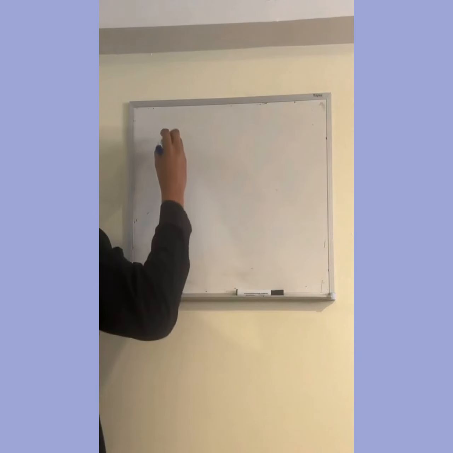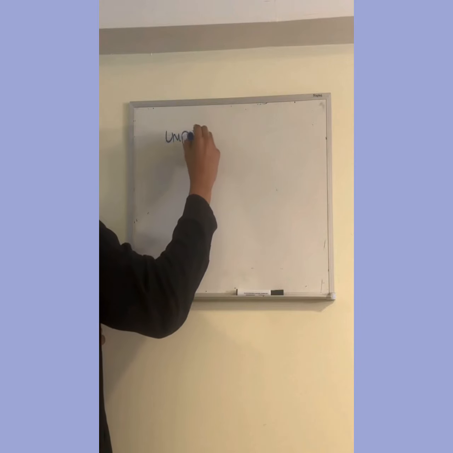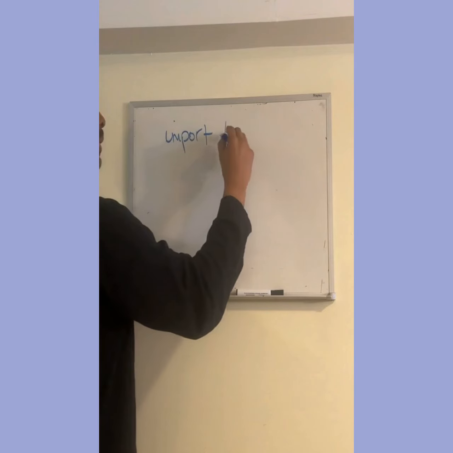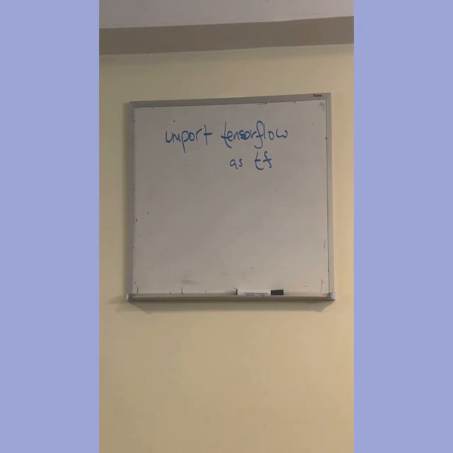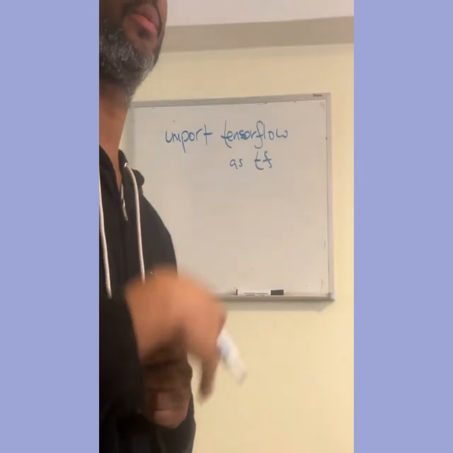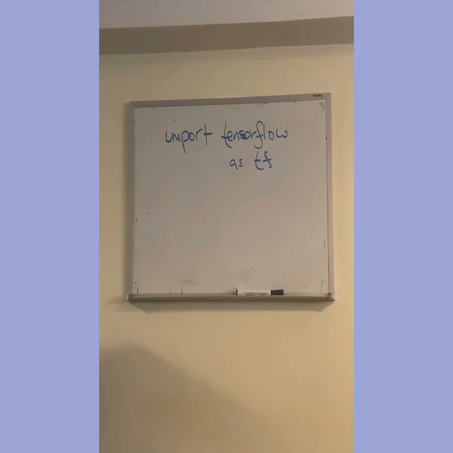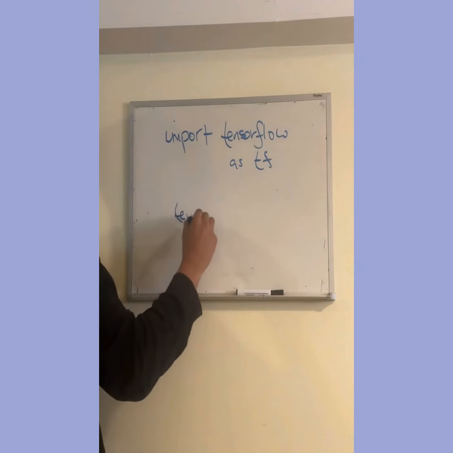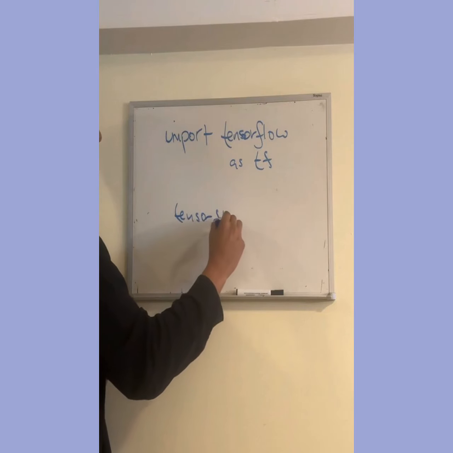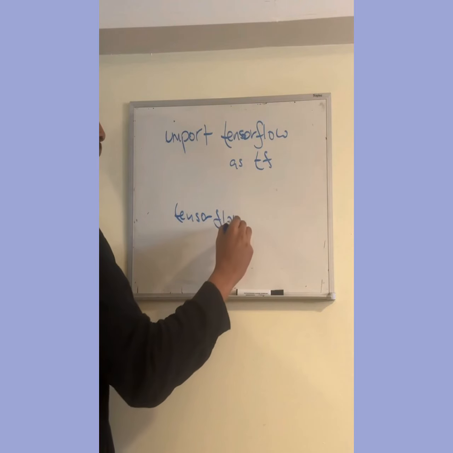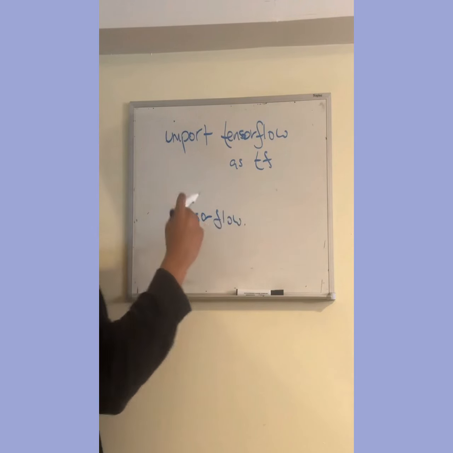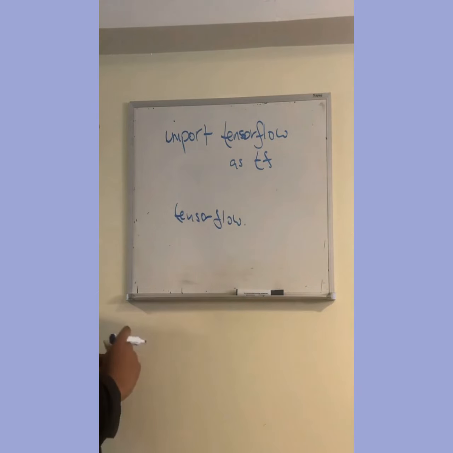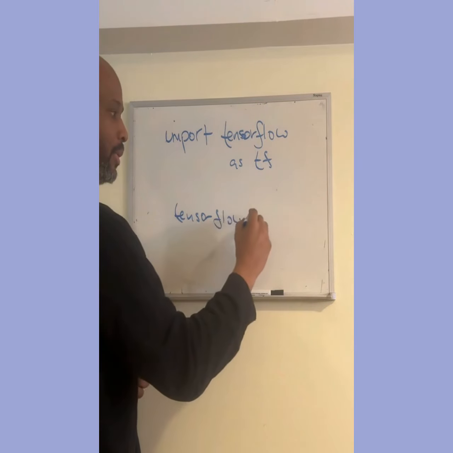And like I said, we'll be using TensorFlow in this example, right? And what you also have is Keras, which is a high-level API that can be used to construct models, create layers.